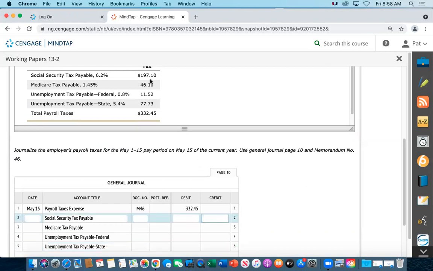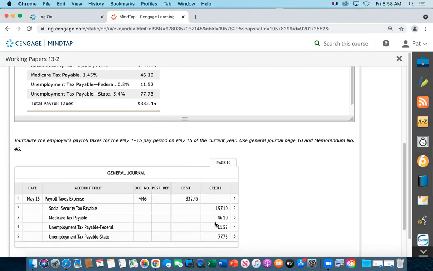And then you put those numbers in. Credit the payables, debit the expense.